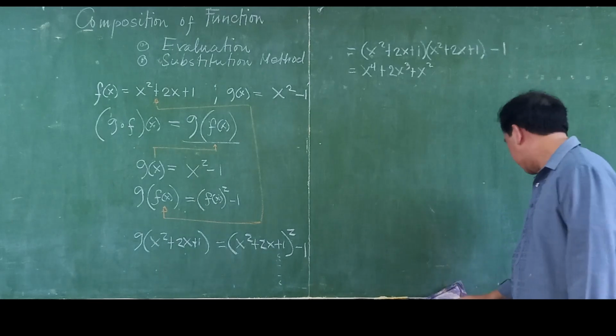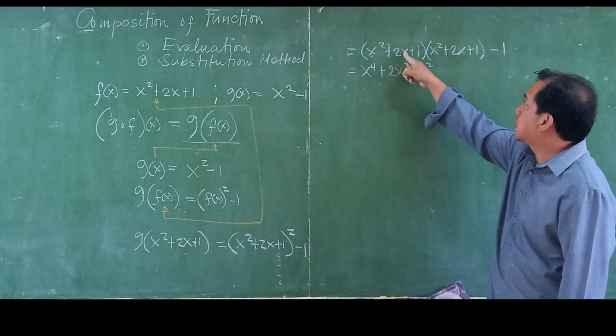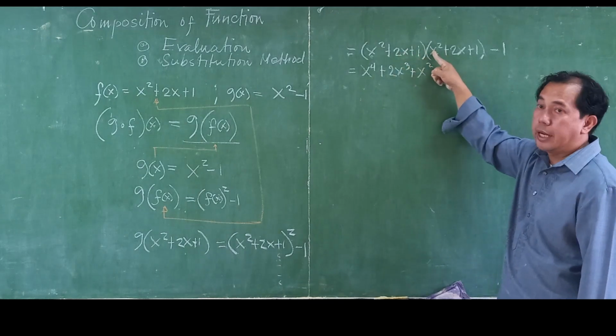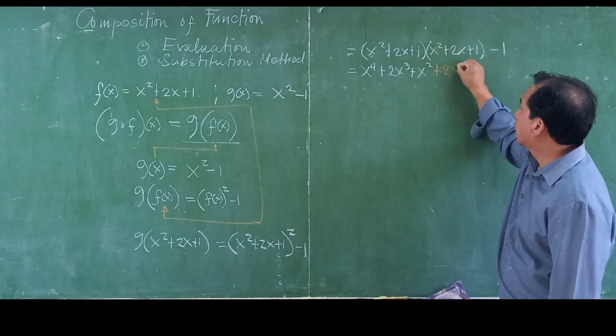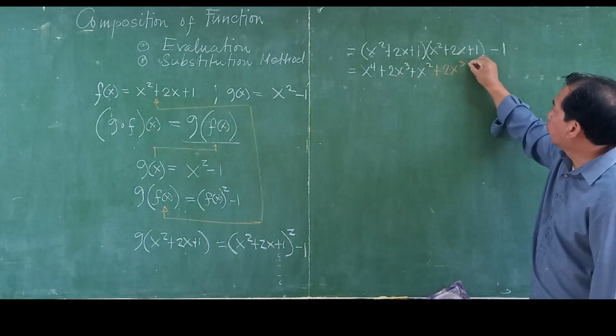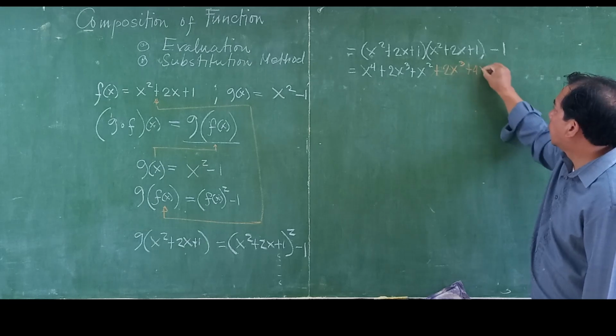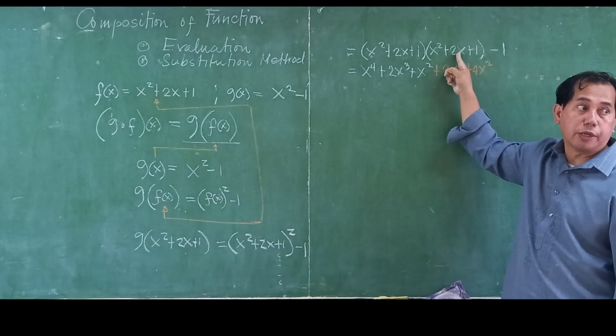Now another one we have in here now: 2x multiplied by x raised to 2. It will give you positive 2x raised to 3. Multiply, it will give you 4x raised to 2. Are you following?